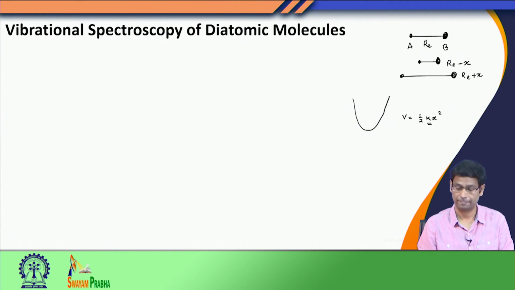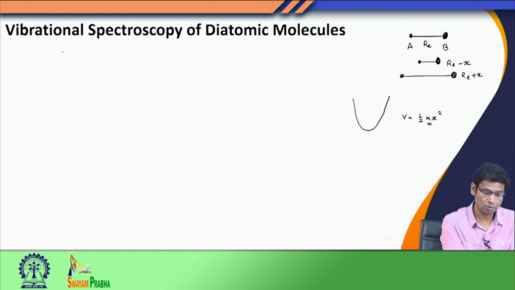Now, since this is a harmonic oscillator problem, we already know the solution, and therefore we can use the harmonic oscillator solution to describe the vibrational motion of this molecule. So, what do we know about the results of the harmonic oscillator?